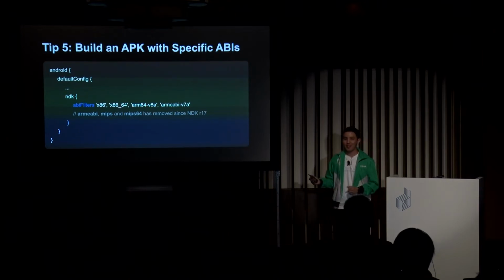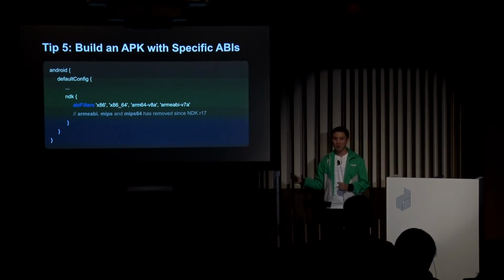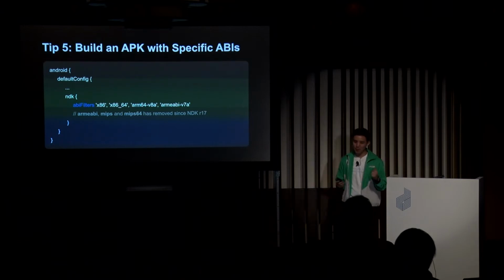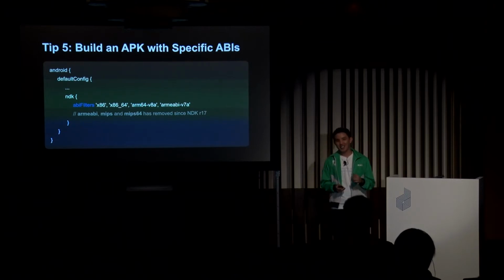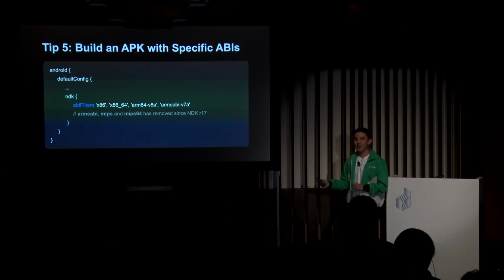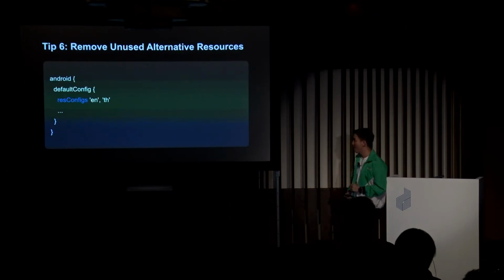In my experience, I prefer this way, because when I built multiple APKs and deployed them to Google Play, I found some crashes on some devices. So this tip is safer, and I encourage you to try it.